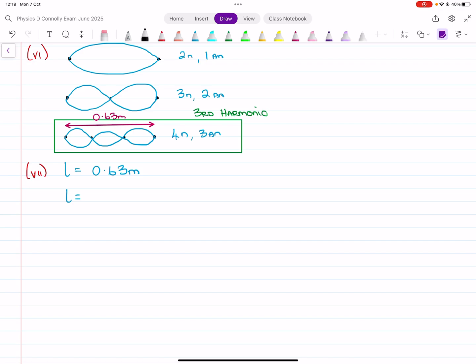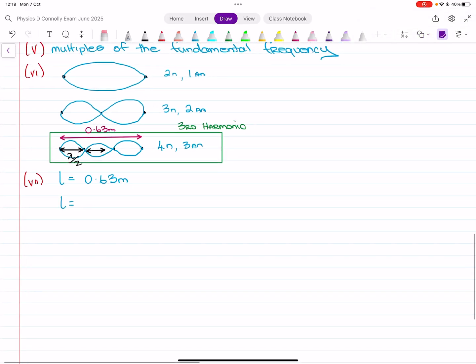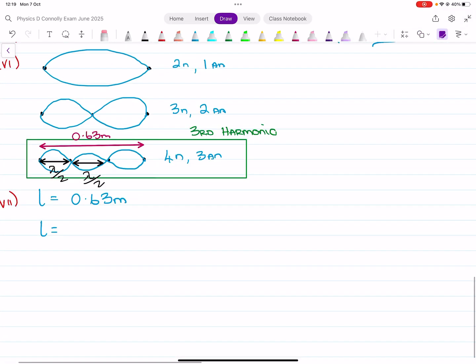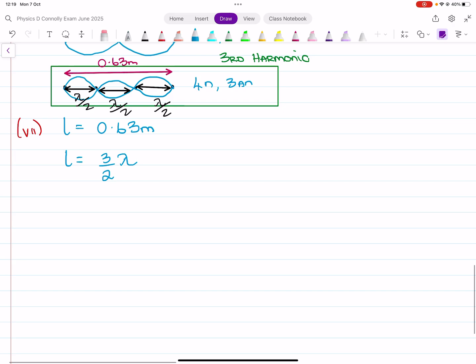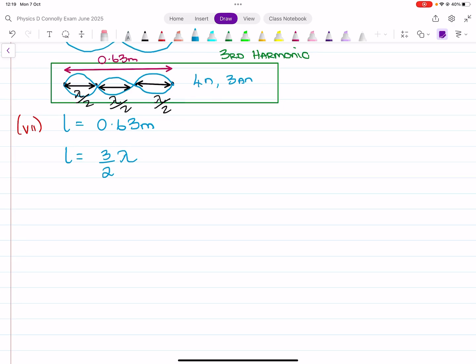This is a node to node, which means it's lambda over 2. This is another node to node, lambda over 2, and another node to node, lambda over 2. So that's a half plus a half plus a half, 1.5, 3 over 2. If the length is 0.63 and the length is 3 over 2 lambda, then 3 over 2 lambda equals 0.63.